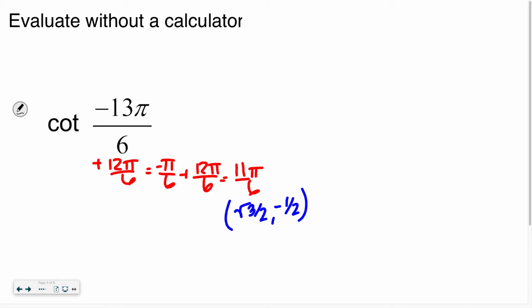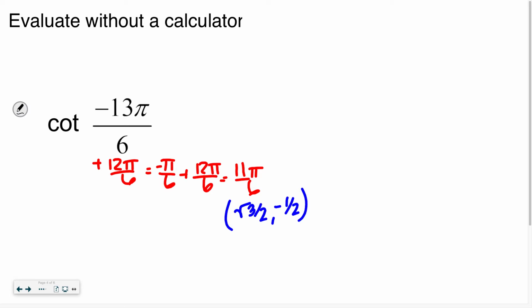Okay, on this one, if you wanted to, for cotangent, you could just do x over y, right? Or you could think about, what is the tangent of pi over 6? Or, sorry, tangent of 11 pi over 6. If we knew the tangent of pi over 6, do we have to know the sine and the cosine? So you could do x divided by y right here. Okay?